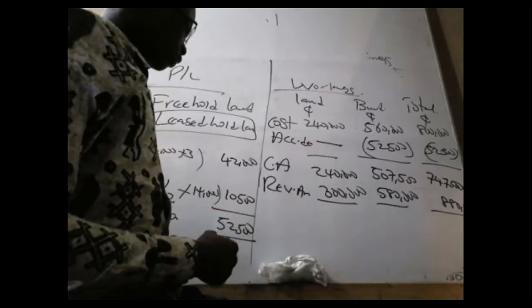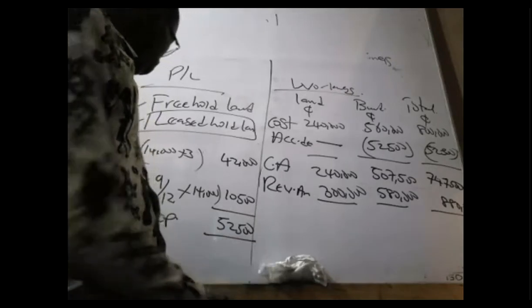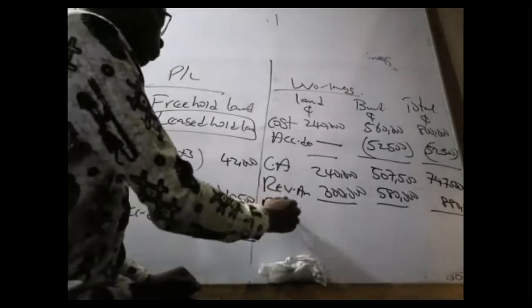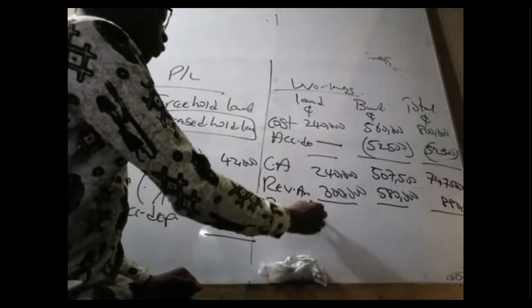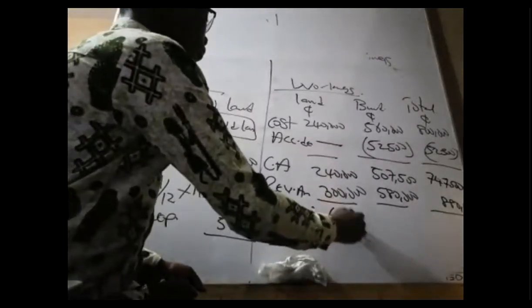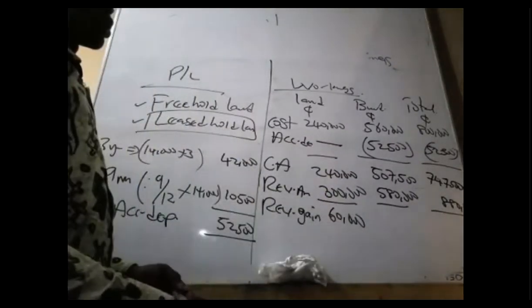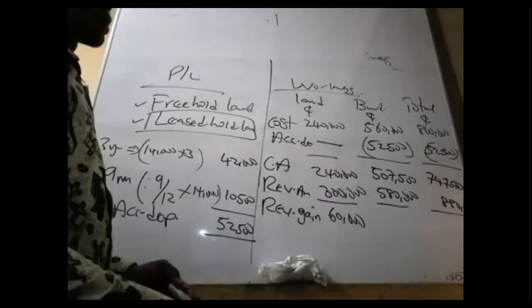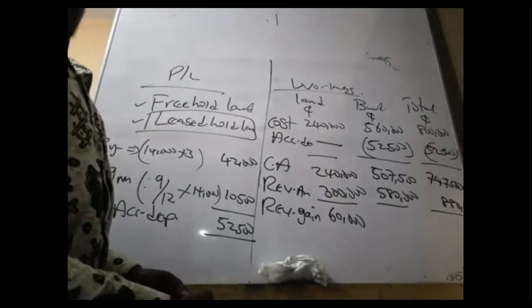So what is the revaluation gain here? So this will be 60,000 gain. And 72,500, right?